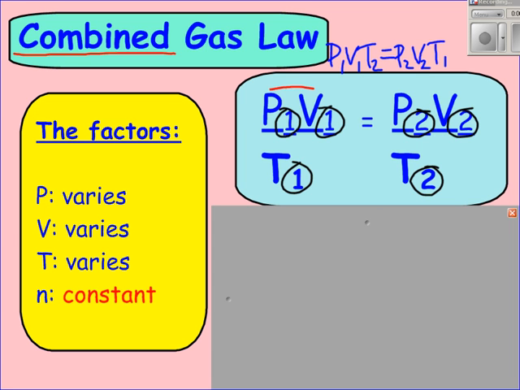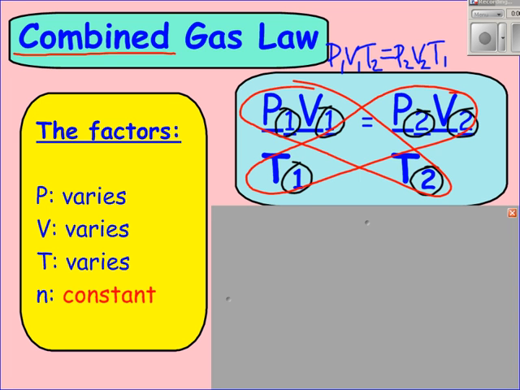For instance, P1 times V1 times T2 would be equal to P2 times V2 times T1. Some students like this way right here because it keeps all the 1's on the same side and all the 2's on the same side. Some students, however, prefer this equation because it already does the cross multiplying for them. Whichever equation works best for you, you'll get the same answer.